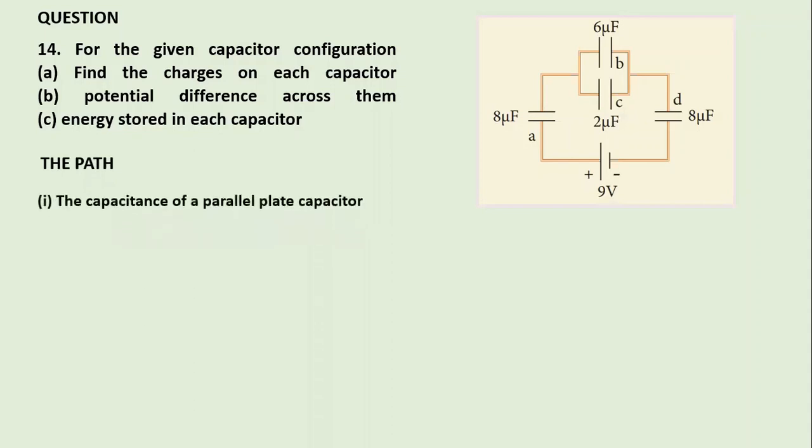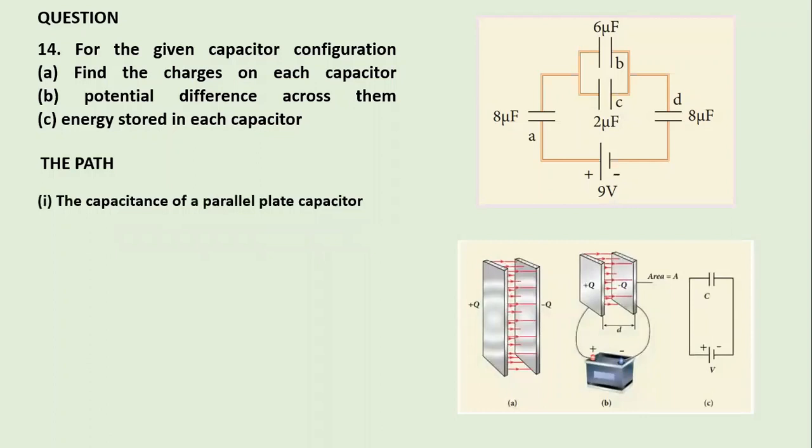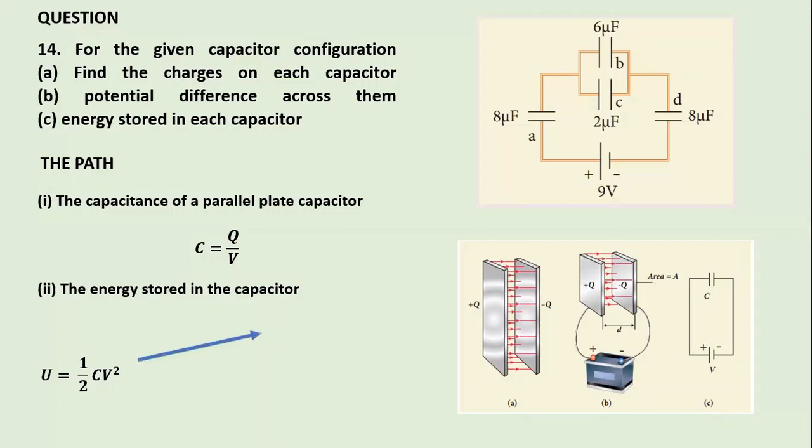The capacitance of a parallel plate capacitor is given by the formula C equals Q by V. Q is the charge given to the capacitor from the battery. V is the potential difference developed across the plates. The energy stored in the capacitor is epsilon equals 1/2 CV squared. Substituting C as Q by V, we get another formula, epsilon equals 1/2 QV.